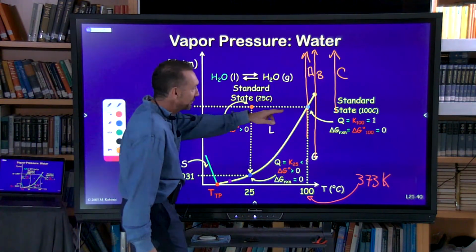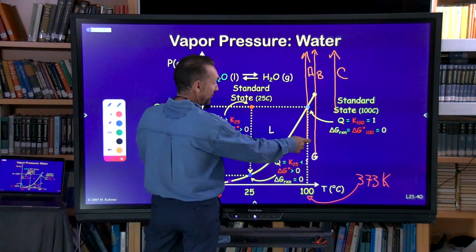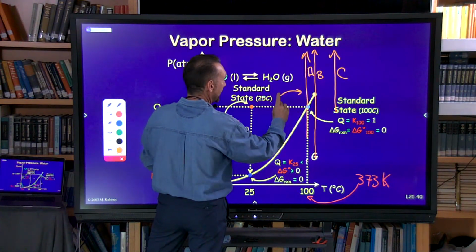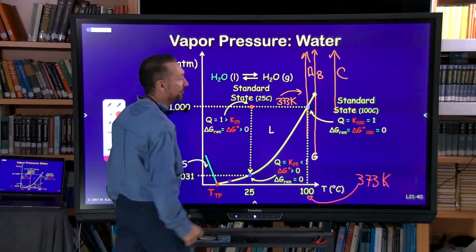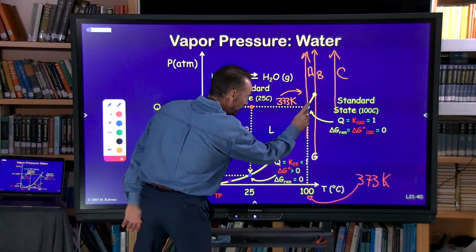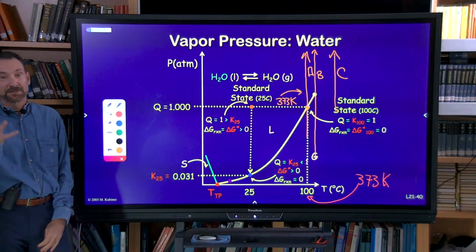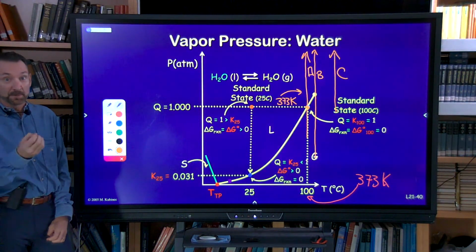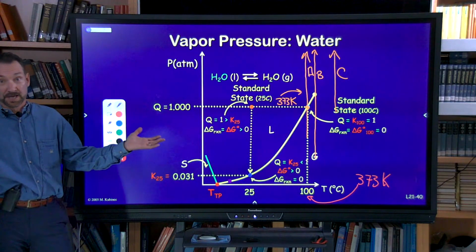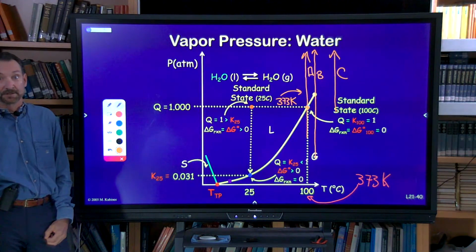So it would be fair on the exam after I said, okay, you've identified this as the 373 K isotherm, it would be fair for water for me to ask you what that pressure is, because you should know the normal boiling point. Whatever the compound is, the normal boiling point is defined as when the vapor pressure is 1 atmosphere.